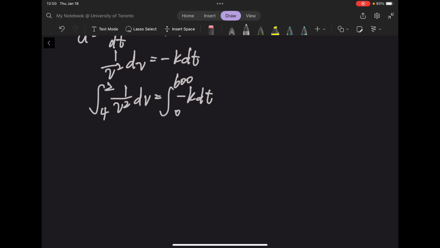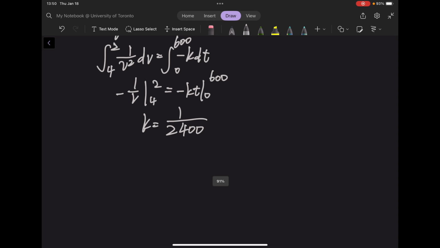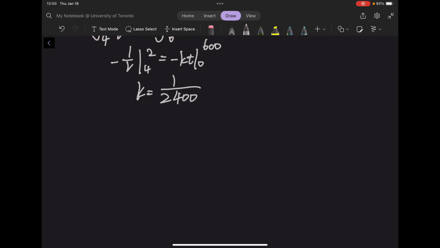So we have k is equal to 1 over 2,400. Because we need to get the general form of velocity, we need to directly integrate it without the boundary condition. So we already got k.